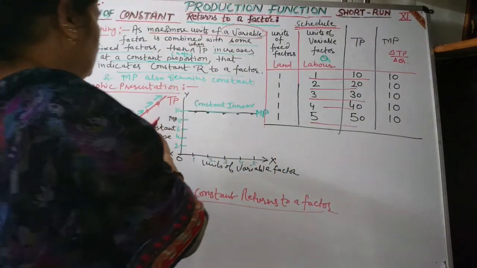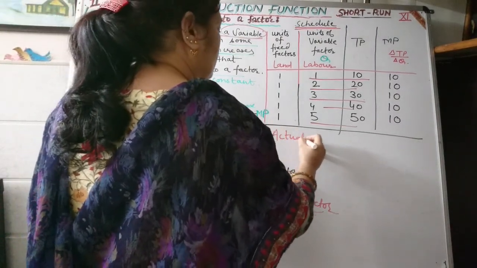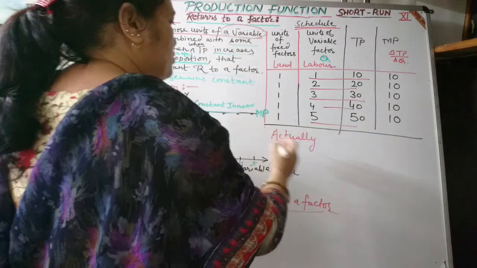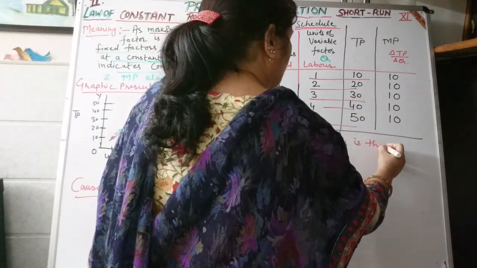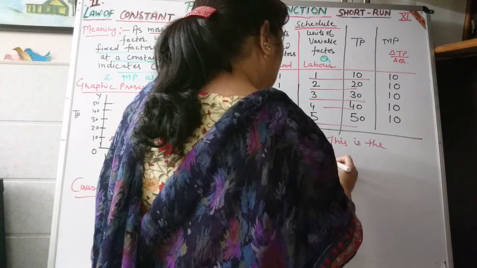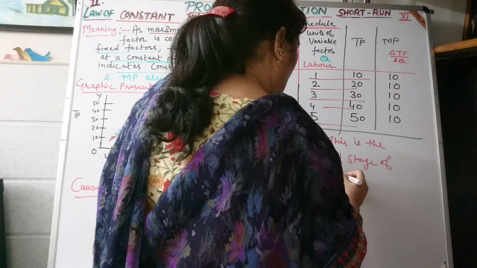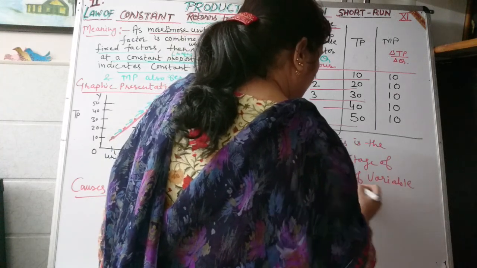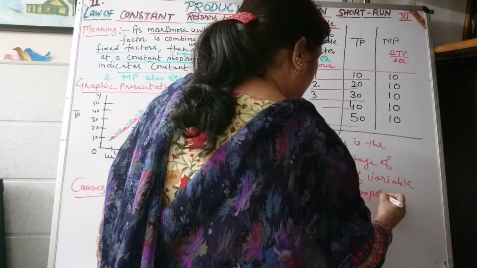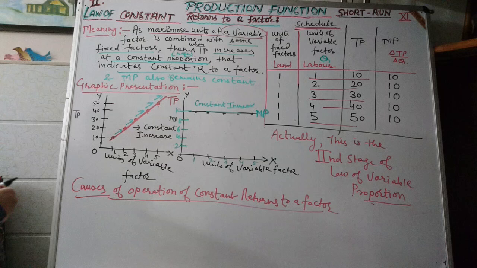Actually this is the second stage of the law of variable proportion. Which are the causes?